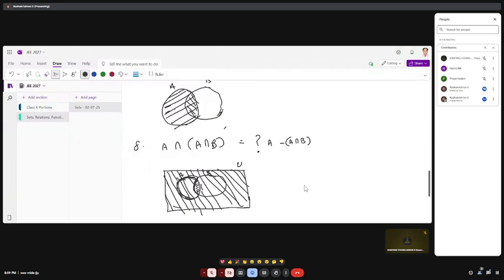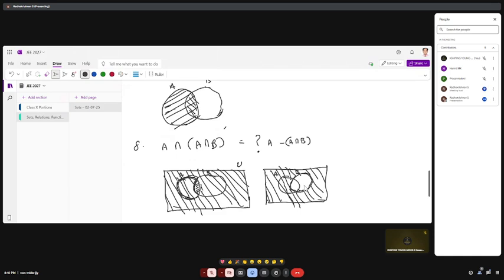If you take A intersection B complement, again, if you draw a diagram, B complement is all outside B. It should not be within this B. And A intersection, right?